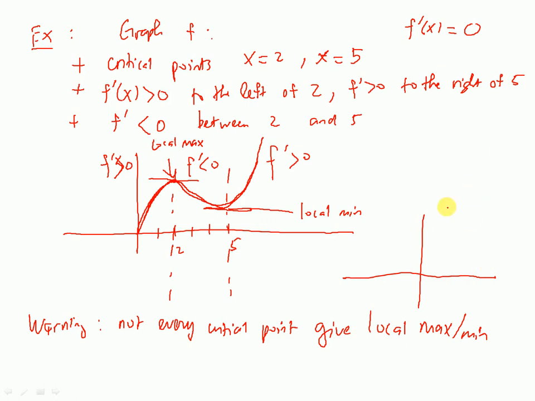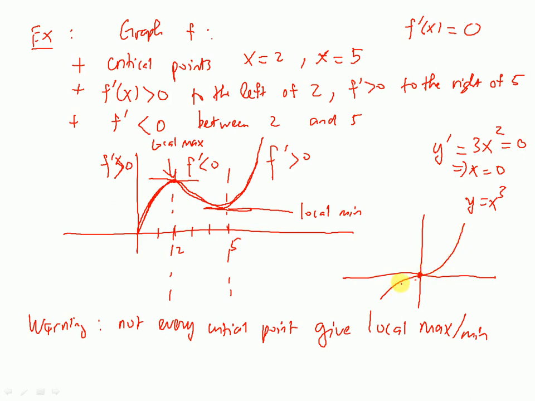Now, consider this function, y equals x cubed. If I find y prime, it's going to be 3x squared, and I set it equal to 0. I solve for x, it gives me 0, right? Which is this point. If you take a look at this function, it is increasing to the left of that point and also increasing to the right of it, right?